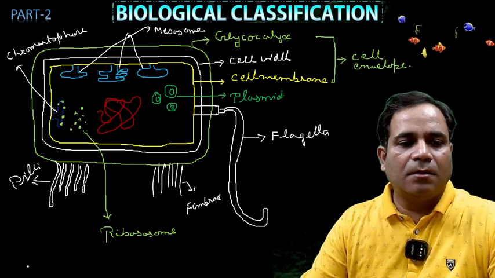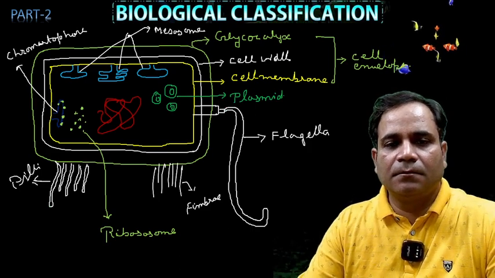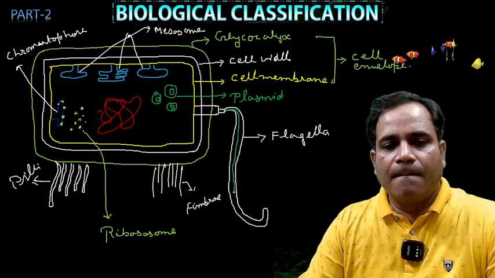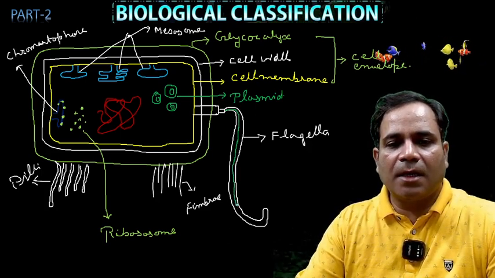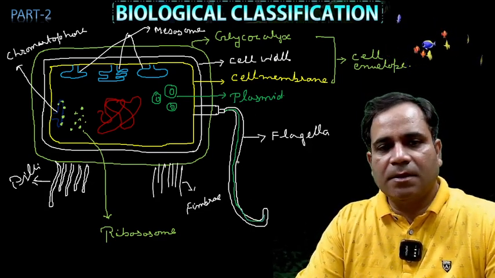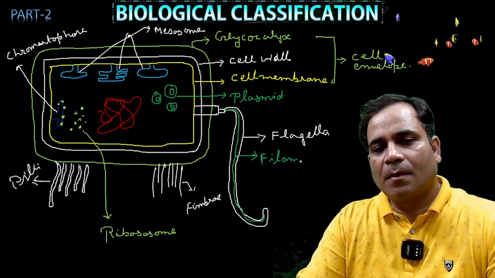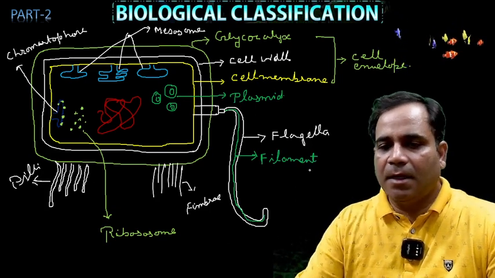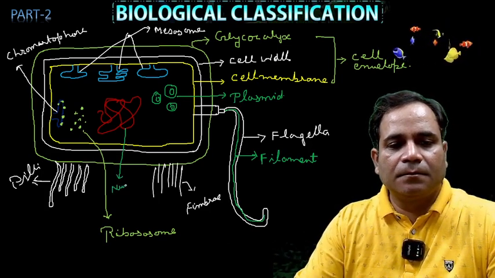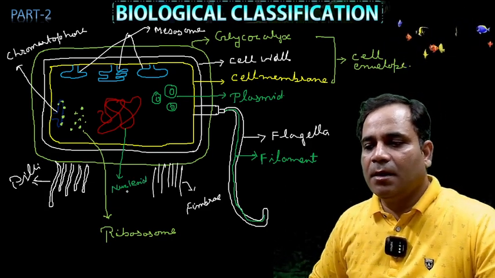Inside the flagella there is a rod-like structure, which is called filament. And this one is the nucleoid.